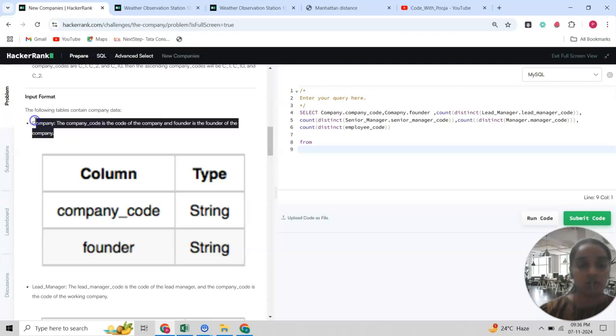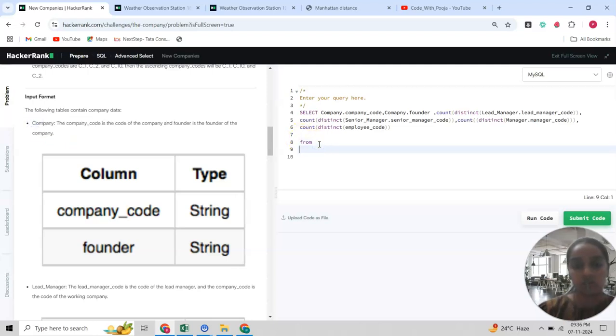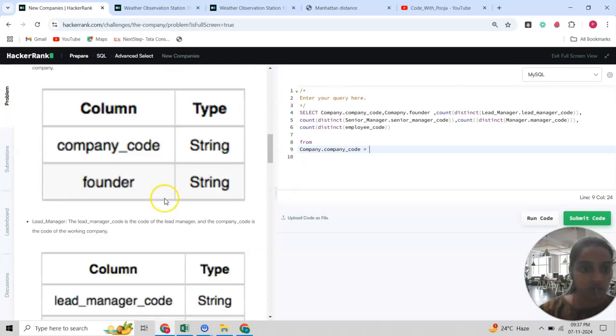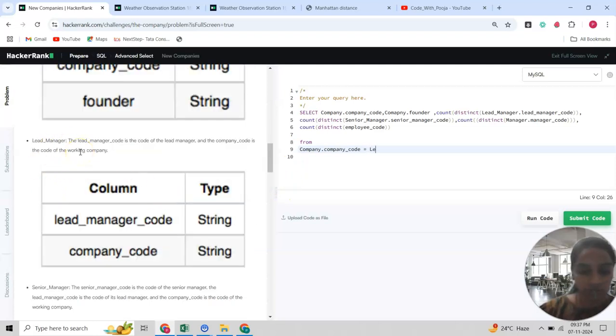Now from, and we specially have to use a left join because we want all values from the left. It means from the company we want all values. So company, I just copy it here, company code equals to what? Lead manager code.